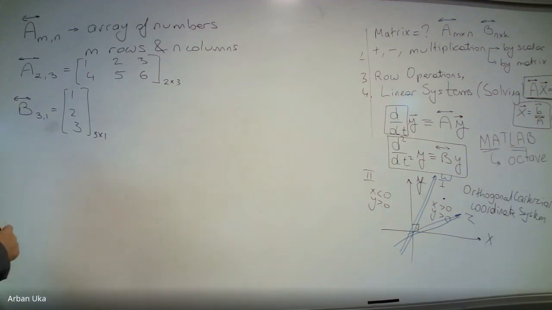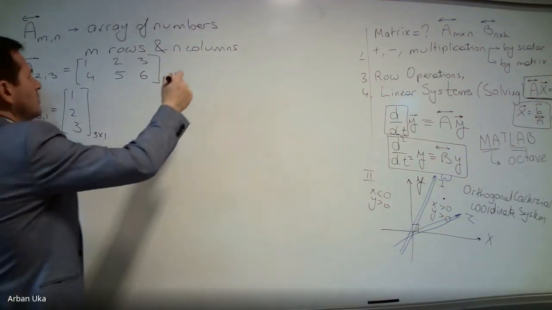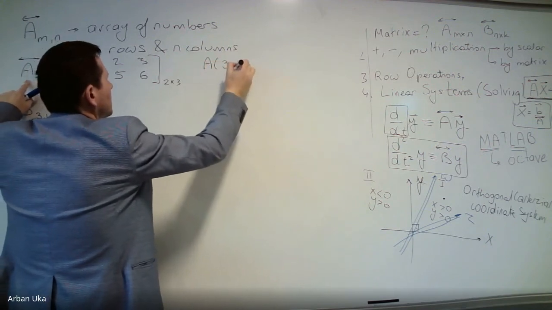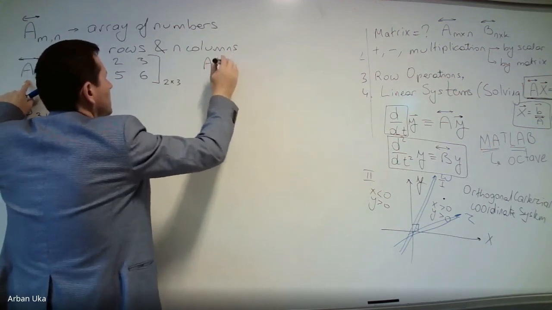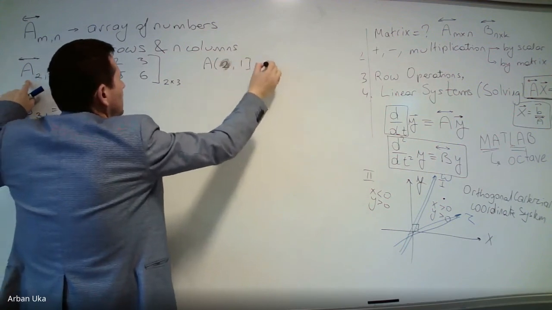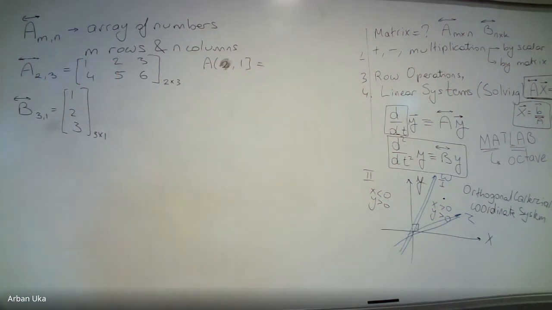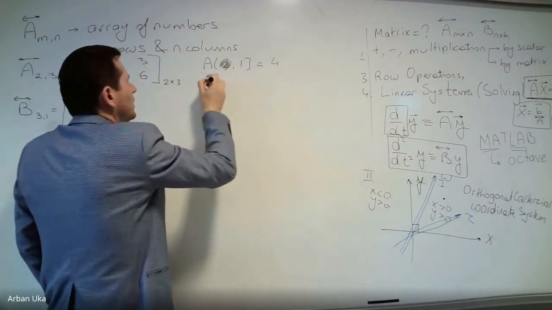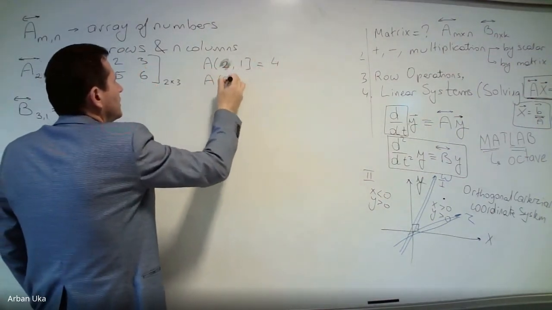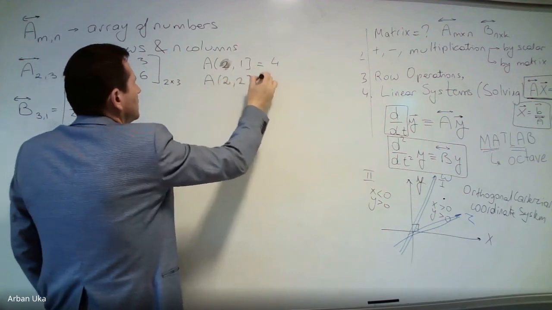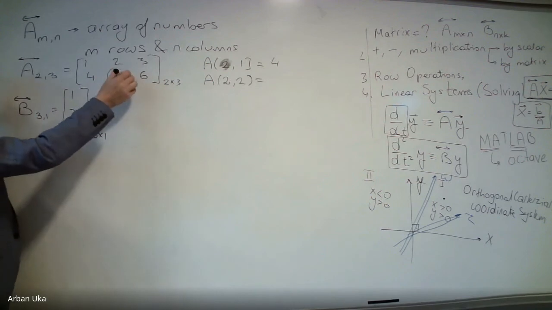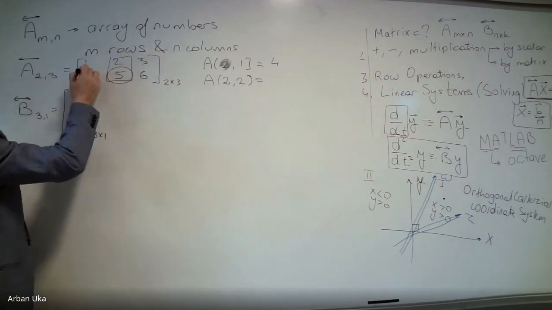Now, in order to count these elements, we can always ask, for example, what is A21? A21 is A in the second row, first column, so this would be equal to 4. For A22, it is A in the second row and the second column, so it will be the intersection of these two.